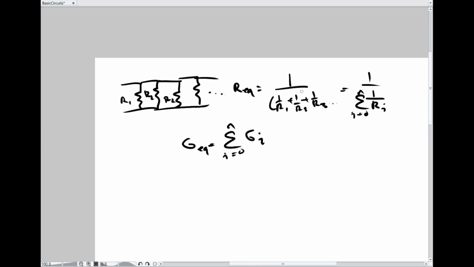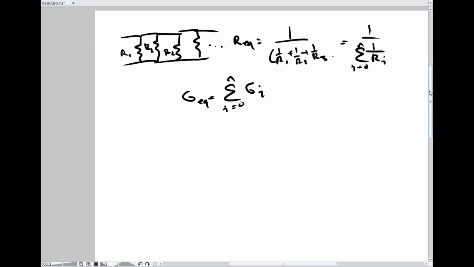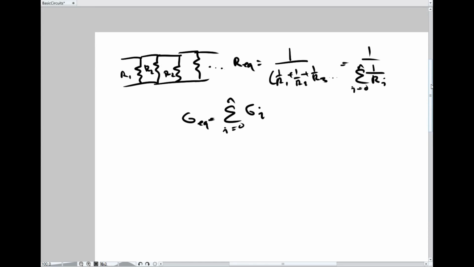Again, people don't really like this 1 over thing. So you'll see the product of all of them over the product of all but each of them. In the two resistor case, this looks kind of elegant.